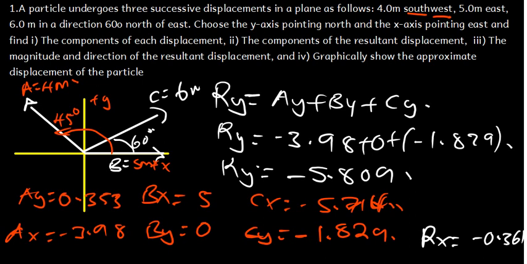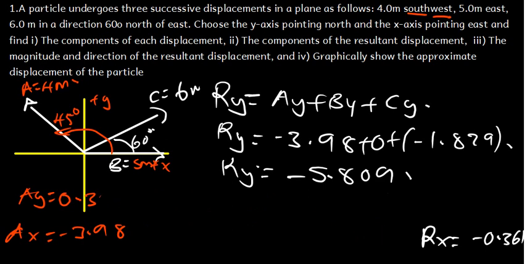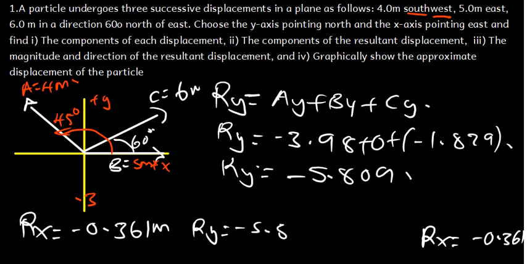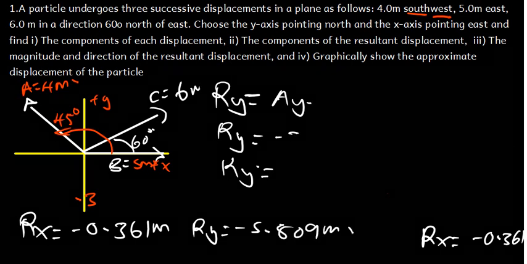That is the y component of the resultant. Now we can get rid of these ones. This is the answer for part 1. We no longer need this. Now we can just put these here to say our Rx is negative 0.361 meters, then our Ry is negative 5.809 meters.